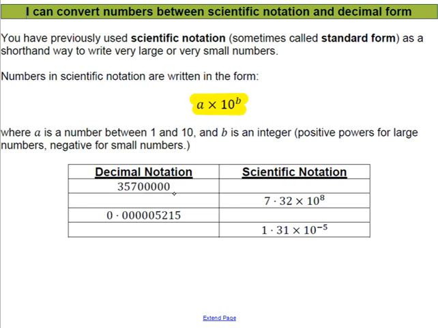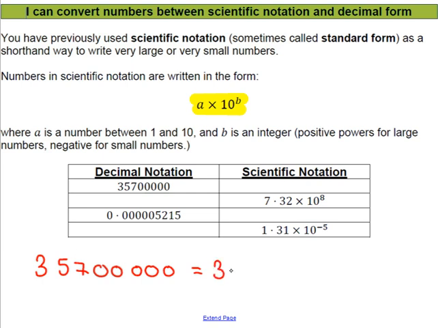So let's look at how we would change this first number, 357,000,000, or 357 million, into scientific notation. So here's our number, 357,000,000. If I want to change that into scientific notation, I have to give myself to begin with a number between 1 and 10, which is based on this.